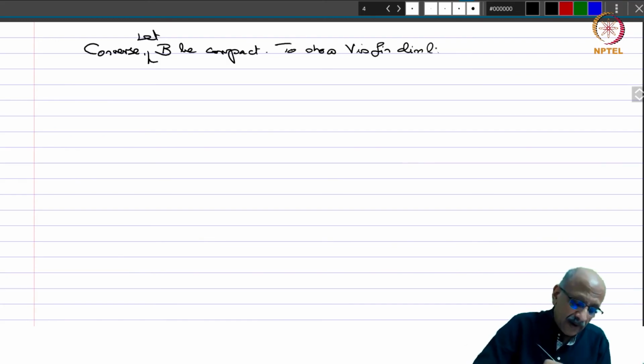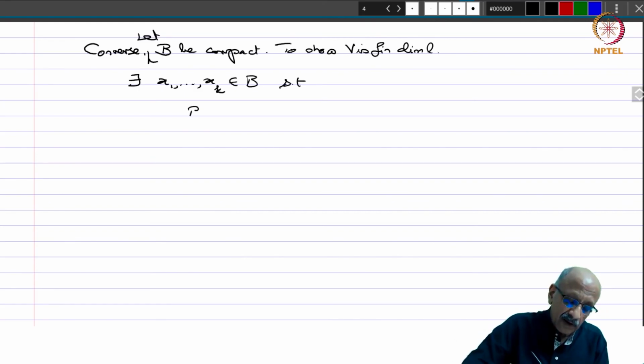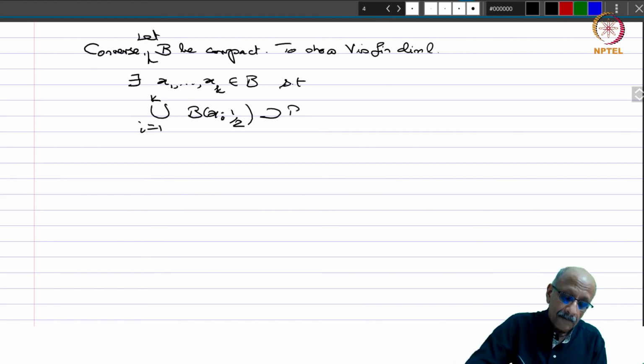So B is compact, therefore there exist some x1 to xk in B such that the balls with center xi and radius half cover B. Because if you take all balls like this, that forms an open cover. There is a finite subcover which I have extracted, and therefore you can find a finite number of points in B such that if you take the radius this.